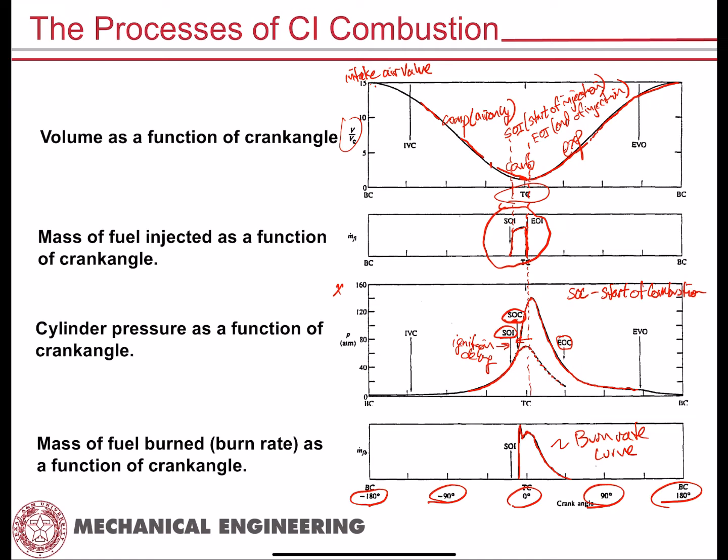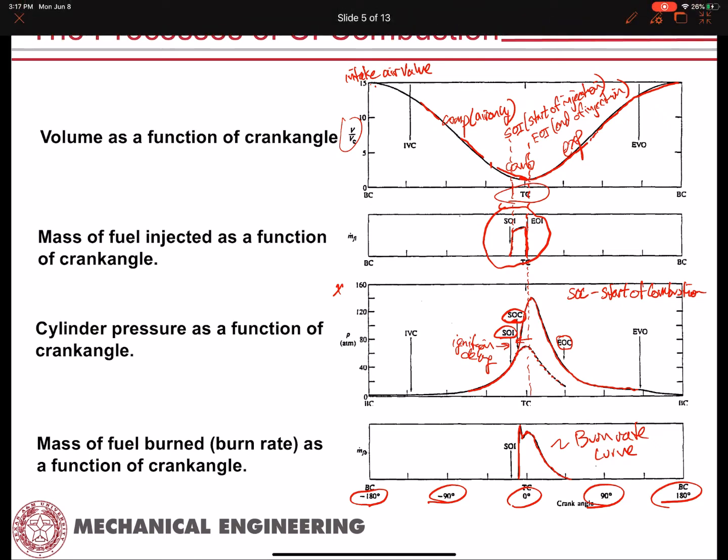And what we're actually looking at is two modes of fuel burning. The first mode is what we call premixed combustion, and that's basically this portion of the burn rate right here. So this would be premixed combustion or premixed burning.